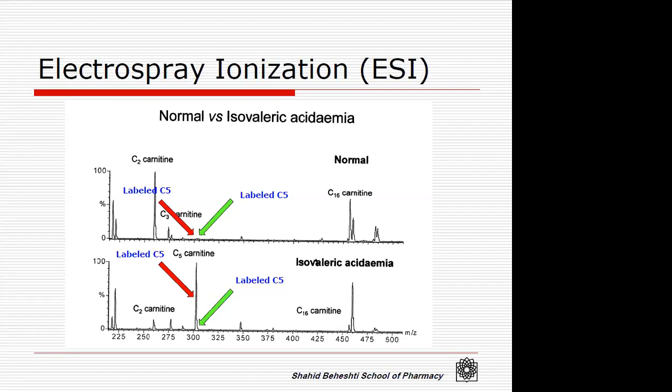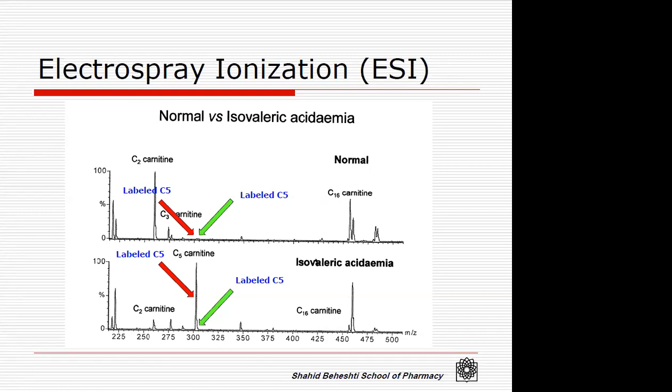And we use flow injection analysis. That means we don't use any column to separate the biomarkers. The separation of the biomarkers is based on their differences in molecular weight. And that means the mass spectrometer is going to separate them and discriminate them from each other.